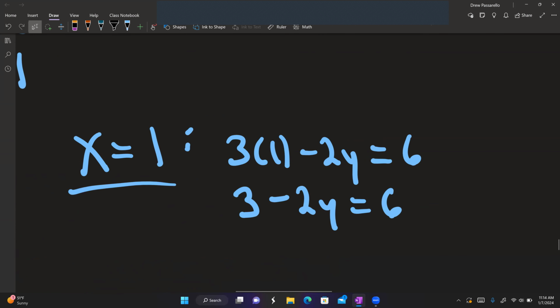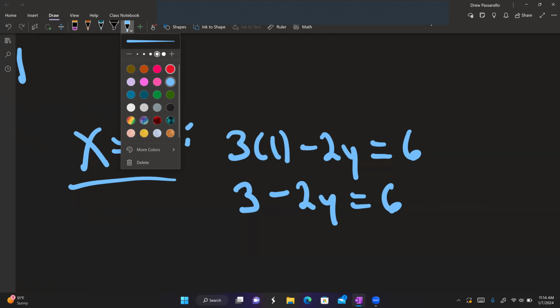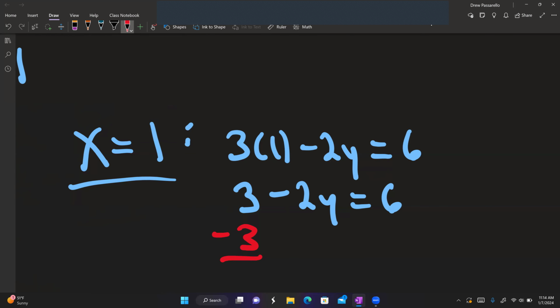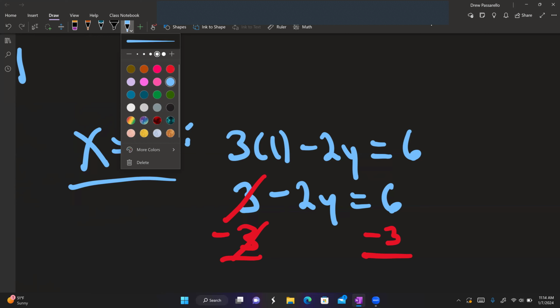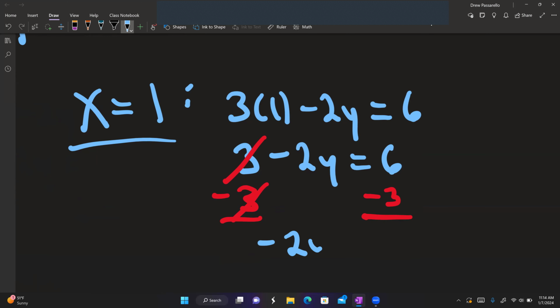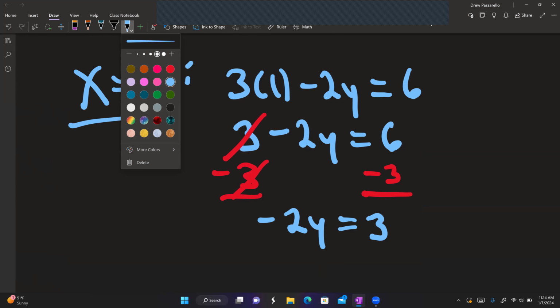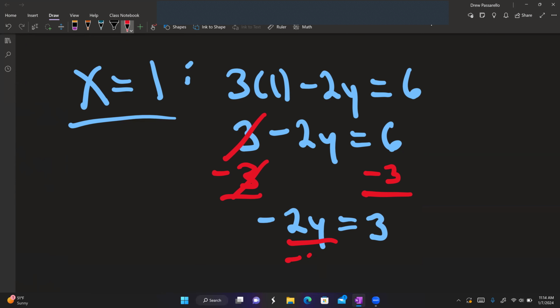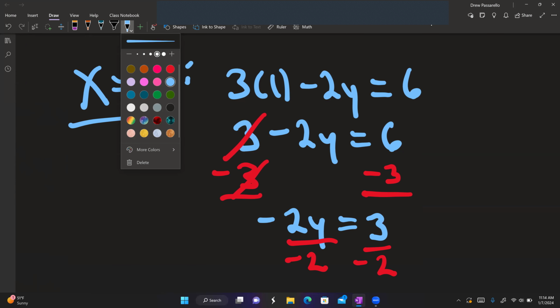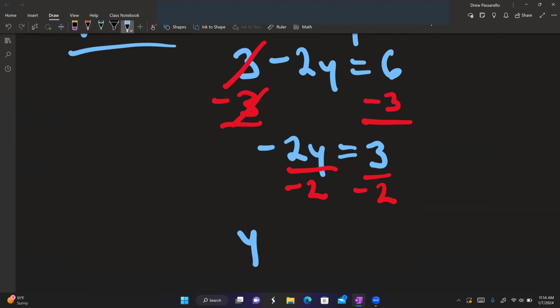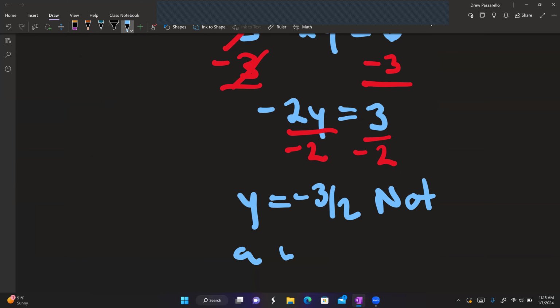I want y by itself, so I need to first get rid of the 3, and I would subtract 3 from both sides. Those cancel out. I get negative 2y equal to 6 minus 3, which is 3. And then I need to get rid of the negative 2, so I divide by negative 2. And you get y equal to negative 3 halves, or negative 1.5. But that's not a whole number, so I wouldn't use this point to plot the line.